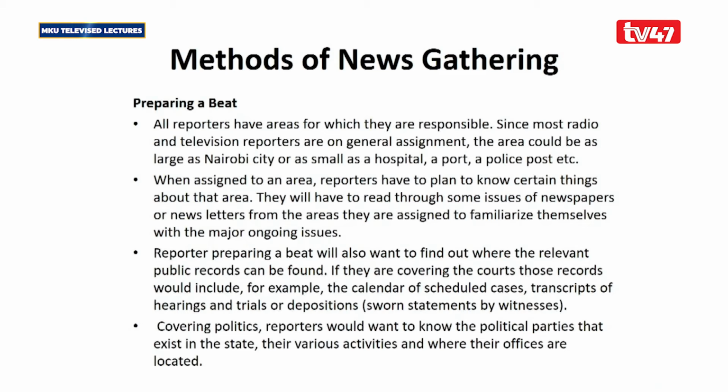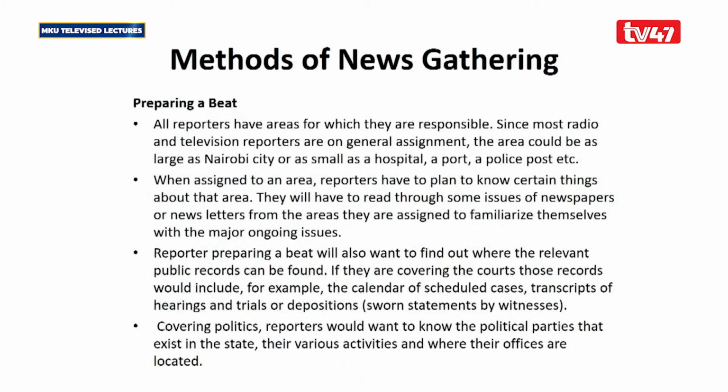So moving on, a reporter preparing a beat will also want to find out where the relevant public records can be found. If they are covering the courts, those records would include, for example, the calendar of scheduled cases, transcripts of hearings, and all that. So that's important.